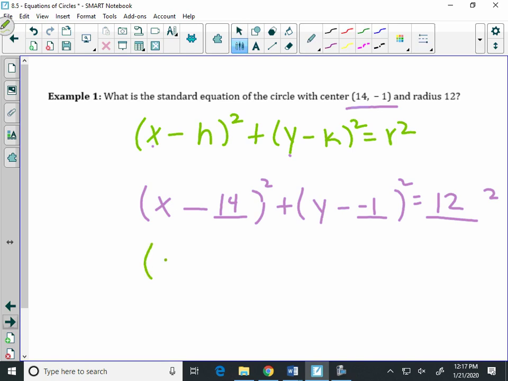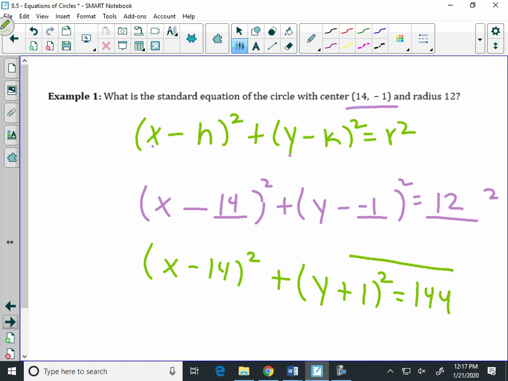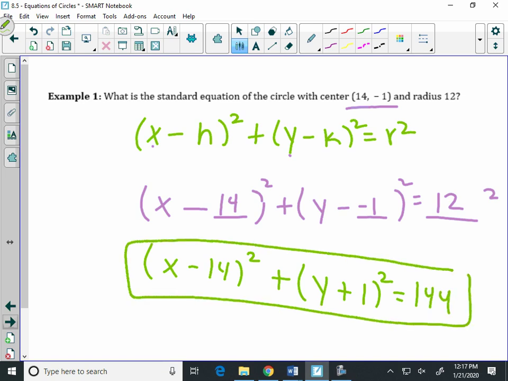Can't really do anything here. That's just going to say (x minus 14) squared, plus, we have a double negative, so what's it going to turn? Positive. So that becomes (y plus 1) squared equals, what is 12 squared? 144. There's that equation.